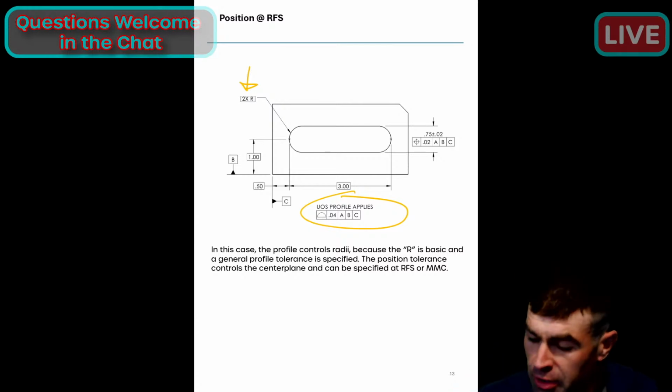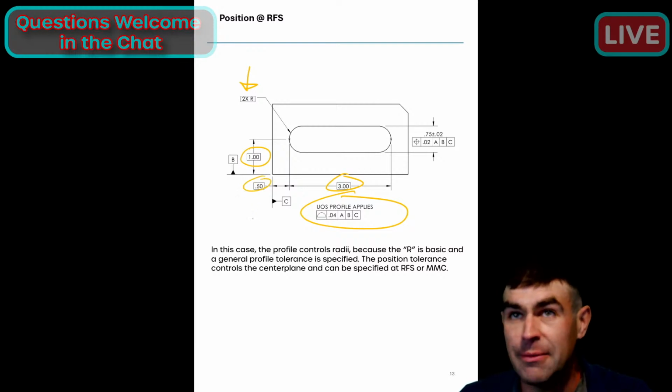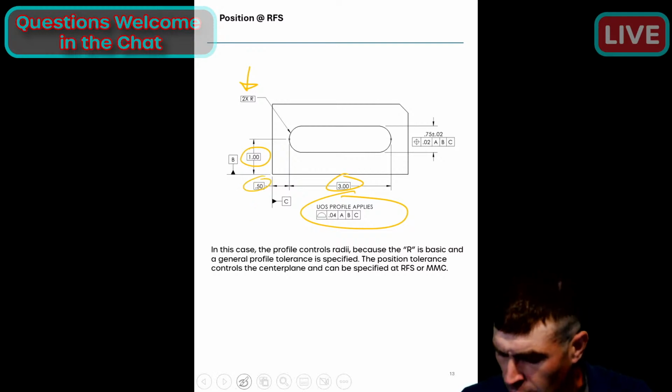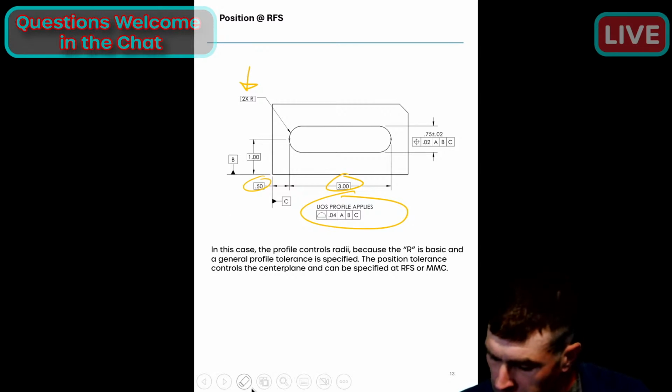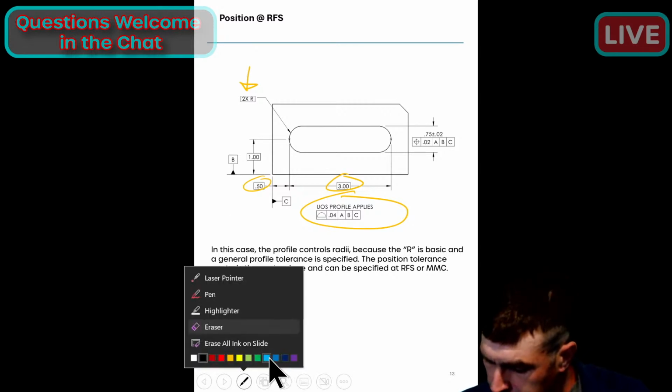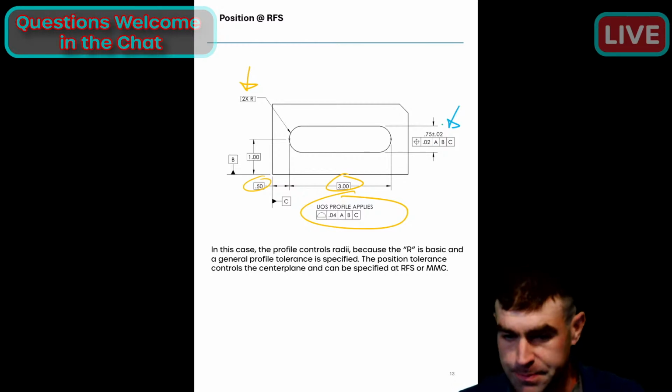So what I've done here is change the dimensions for the location of the slot. Well, this 1 inch was basic before, too, but we've kept this position tolerance, right? This could be regardless of feature size or MMC, it doesn't matter.